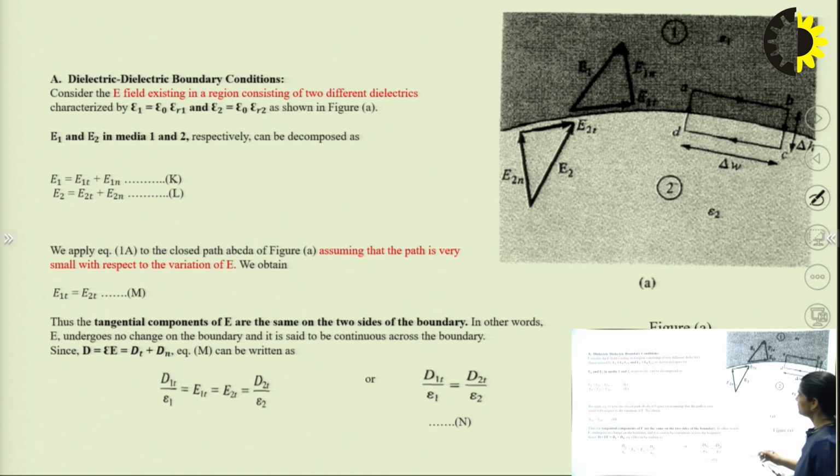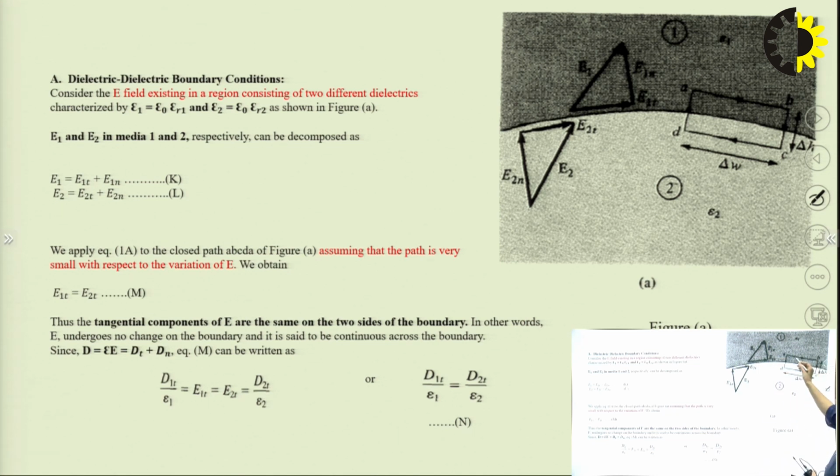Let this be E2n, this is E2, and this distance is denoted by E21. Here this is E1, this is E1n, and this distance is denoted by E11.